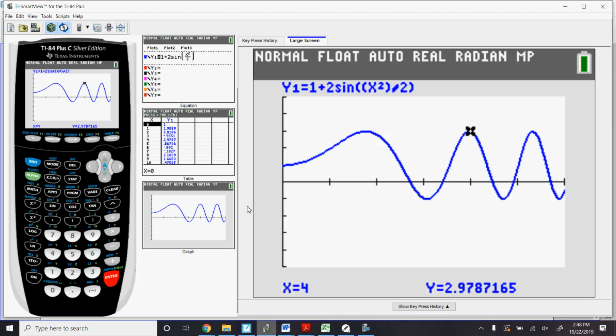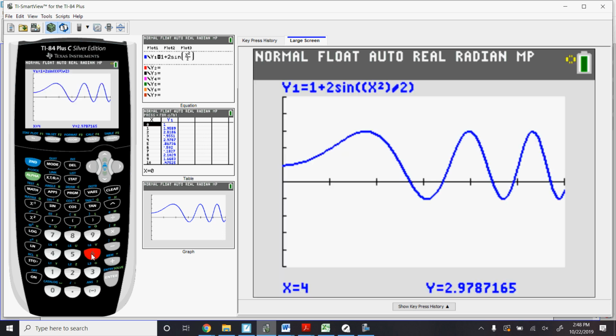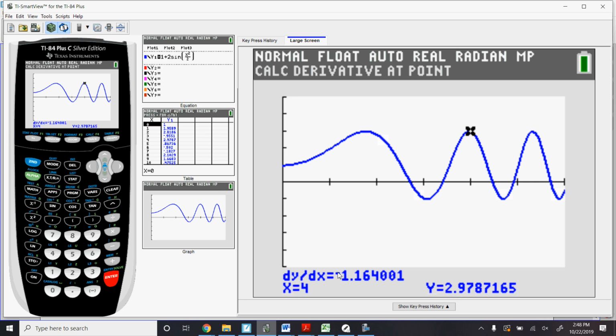I'm going to go back to my calculator, and I want to do the derivative of this graph at time 4. So at t equals 4, or in the case of my graph, at x equals 4. So I'm going to hit second calc, and I can do that derivative right down here by hitting number 6. And it'll ask me where to do the derivative, and you just type in 4, and it'll say dy dx equals this number right here, negative 1.164.